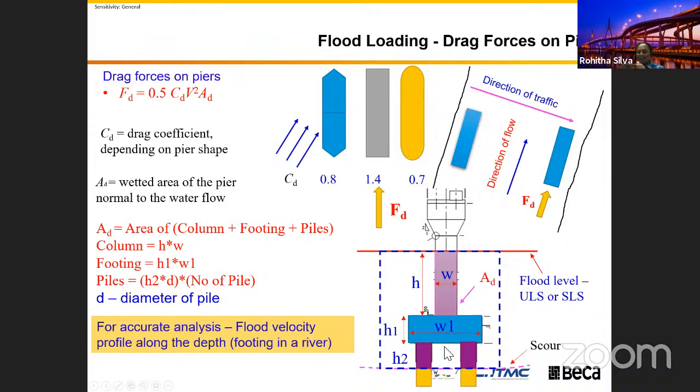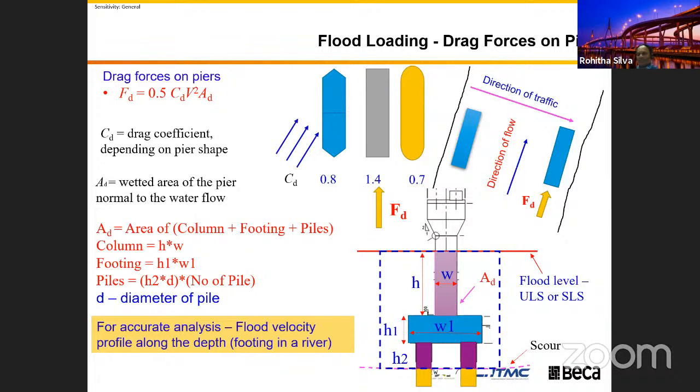With the pile, you need to get the projected area, that's diameter times the height. I put a note in here: for accurate analysis, the flood velocity profile along the depth should be considered. Yeah, this is exactly the same as the way we calculate the wind.